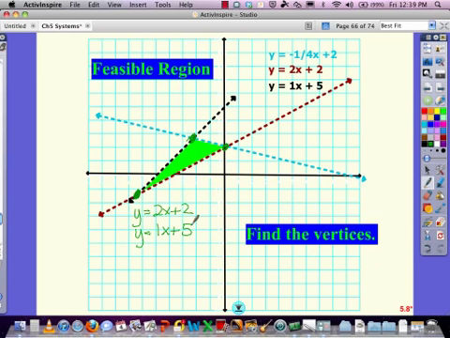Right now, I could get rid of the y's in both of those equations. So if I have them stacked like that and subtract those two equations, y minus y is 0, 2x minus 1x is x, and 2 minus 5 is negative 3. So if I move the 3 over, my x value comes out to be 3.